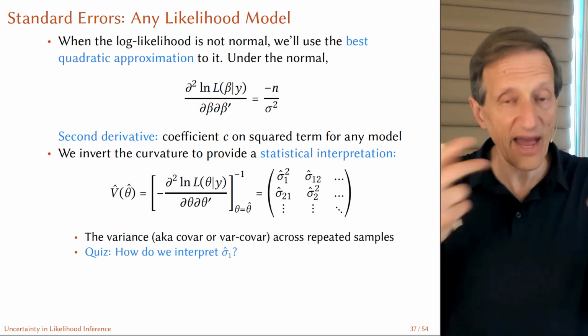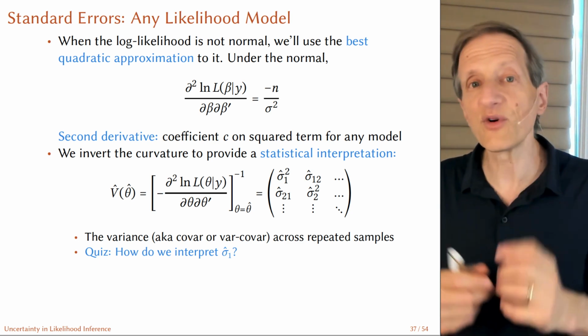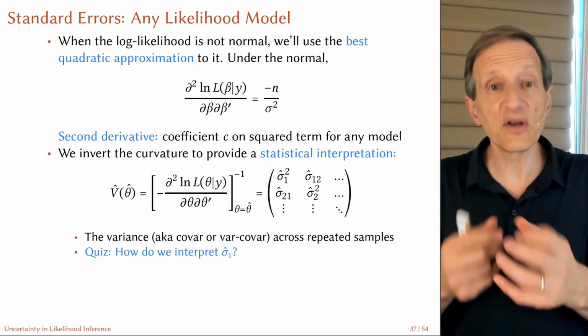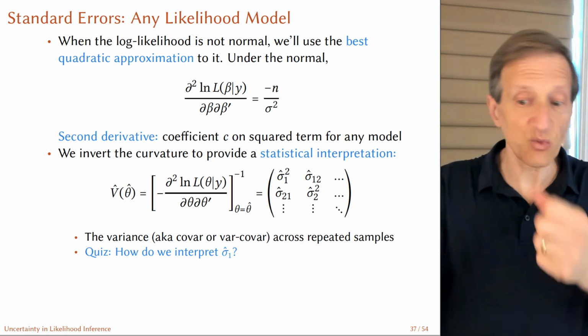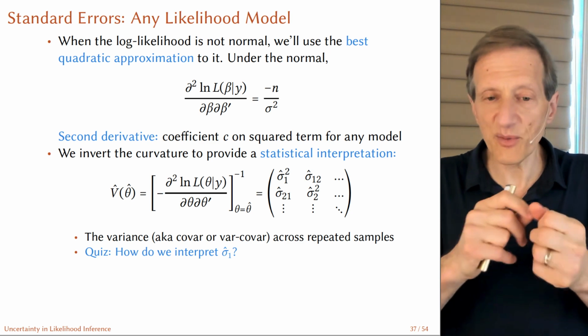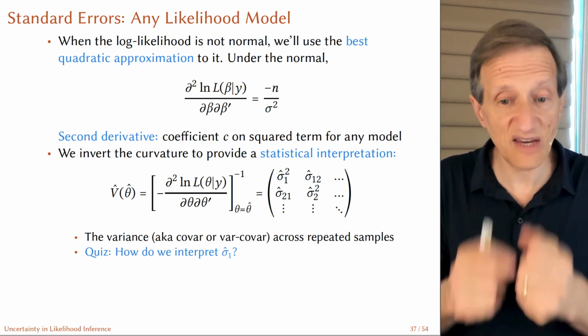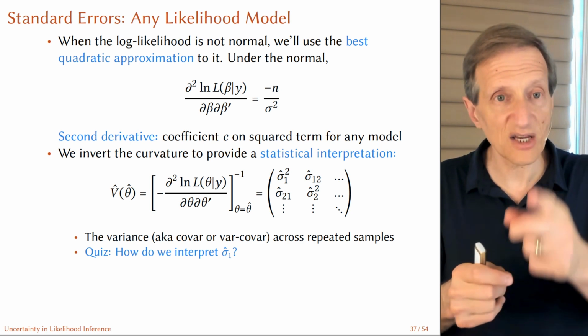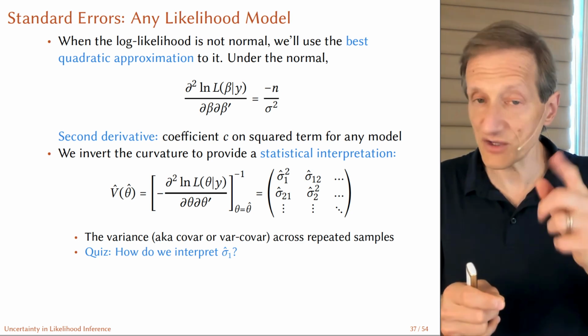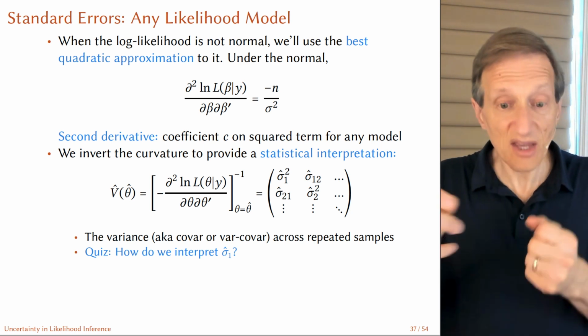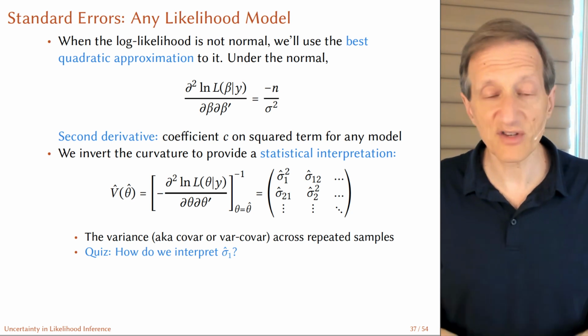We would then imagine applying it to an infinite number of other data sets drawn from the same data generation process. There's variability in our estimate across those. We only get to see one, but there's variability in our estimate across those. If we actually calculated the standard deviation, because I asked for sigma hat 1, not sigma hat 1 squared, the standard deviation across those is sigma hat 1. So that's exactly what it is.